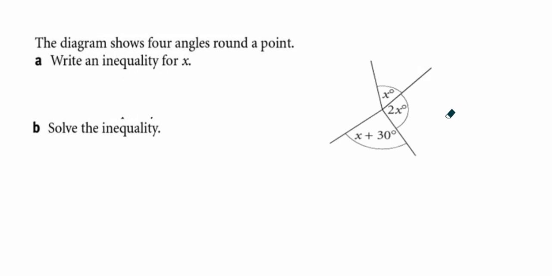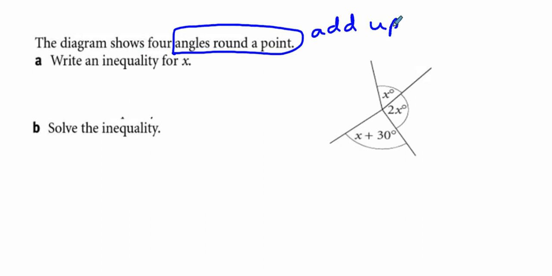The diagram shows four angles around a point. Write down an inequality for x. Now remember that all angles around a point add up to 360 degrees.